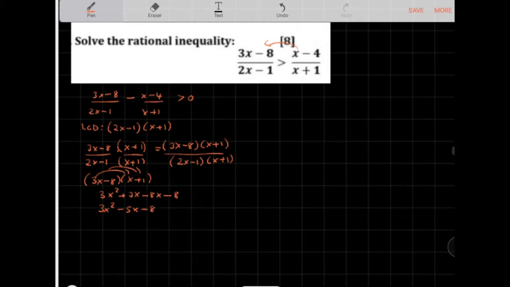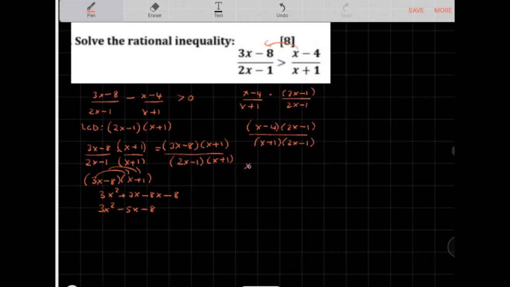We also want to do the same thing for x - 4. So I'm going to multiply this by 2x - 1, and I'm going to do the same thing for the denominator. So now you get (x - 4)(2x - 1) over (x + 1)(2x - 1).